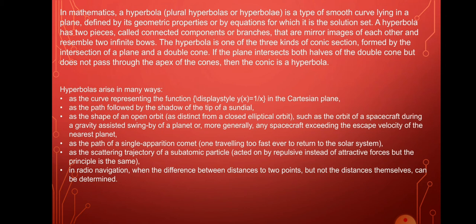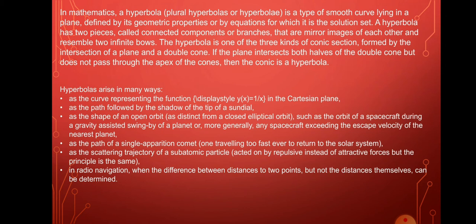Hyperbolas arise in many ways: as the curve representing a function in the Cartesian plane, as the path followed by the shadow of the tip of a sundial, as the shape of an open orbit as distinct from a closed elliptical orbit, such as the orbit of a spacecraft during a gravity-assisted swing-by of a planet, or more generally any spacecraft exceeding the escape velocity of the nearest planet.